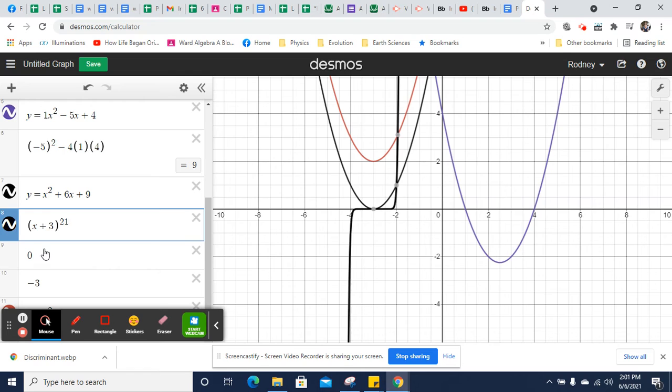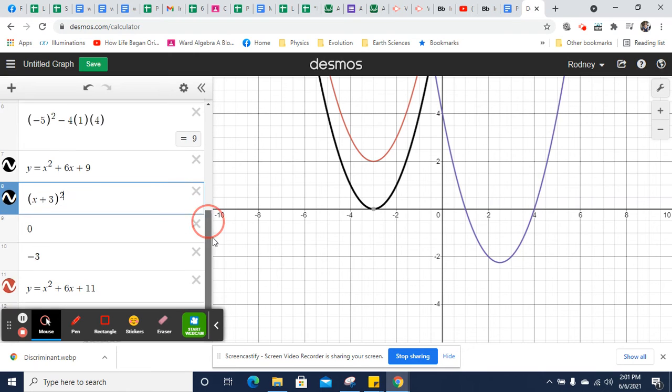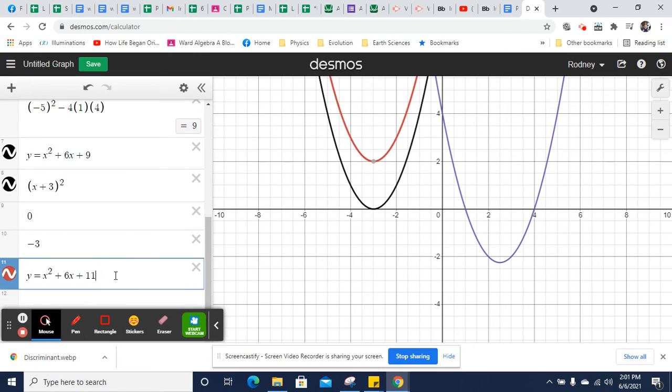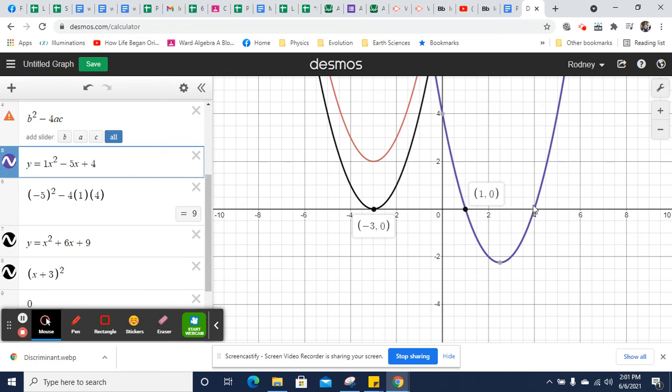Okay, so the discriminant was 0, and so we only have one solution that's used twice. Or should I say it's one solution used twice technically, but it's just one real solution. It touches once on the x-axis. If the discriminant was positive, we have two solutions in the so-called real number system.